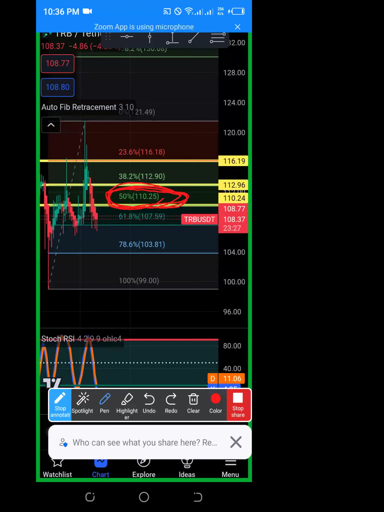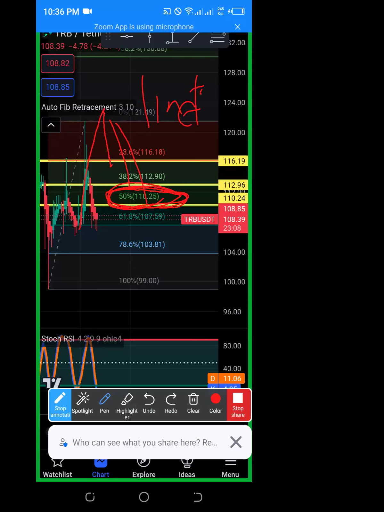Don't chase the market. If the market moves up to here, it can either retrace from here or here or here. These are lines of retracement.